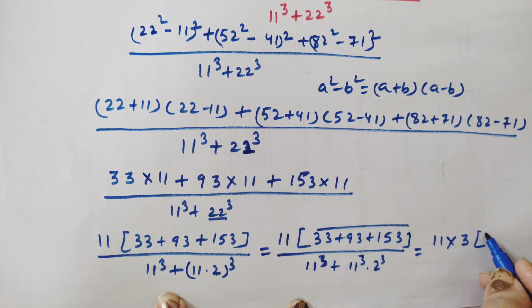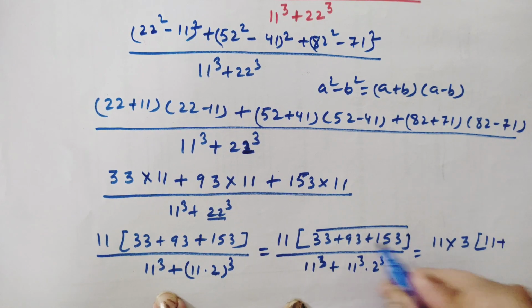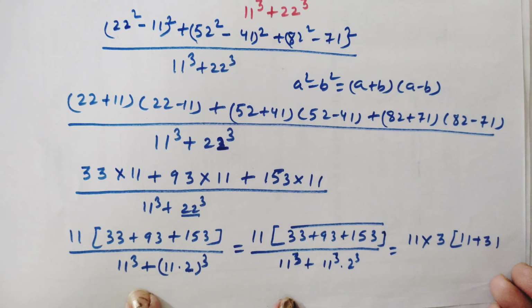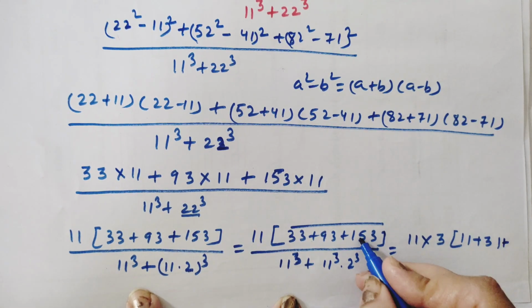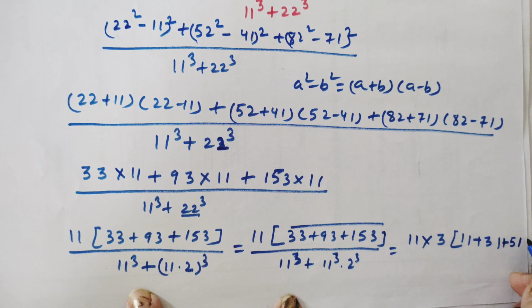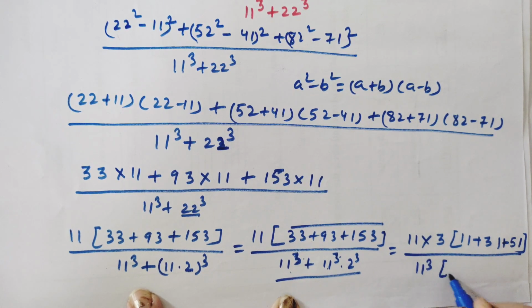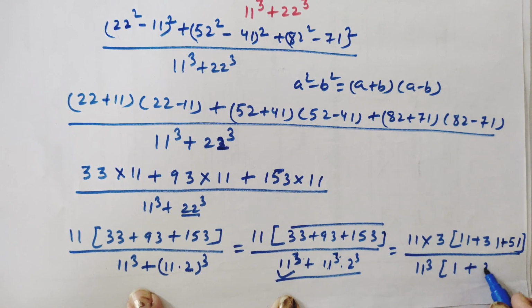So inside is 11 plus 31 plus 51, since 3 elevens are 33, 3 thirty-ones are 93, and 3 fifty-ones are 153. In the denominator 11 cube and 11 cube are common, so inside the remaining is 1 plus 2 cube.